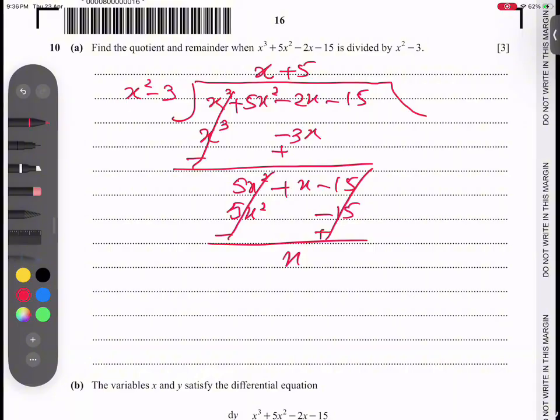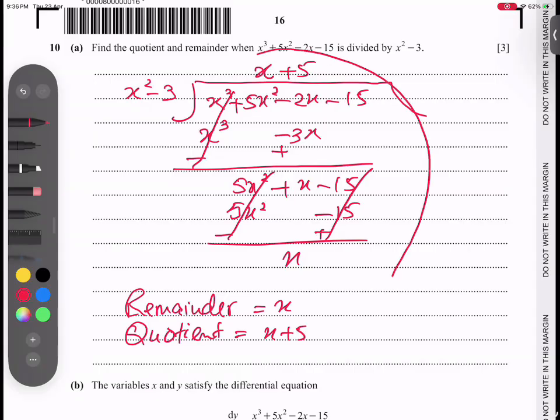But how to write it in fraction form? Oh sorry, he's asking for the quotient and remainder. So the remainder is x and the quotient is x plus 5. But if you write it in fraction form, maybe we need the divisor down. So what is the method? Start with x plus 5 here in brackets, plus this remainder will go on top.